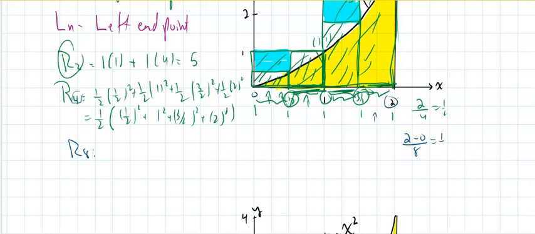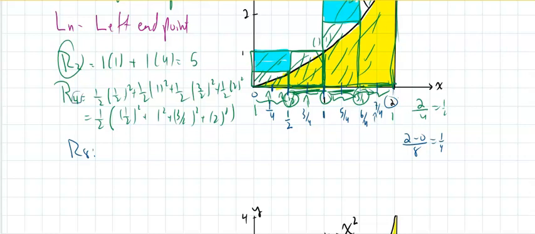That is 1/4. So now I'm going to go on that interval. I'm going to cut this in half. 1/4, 2/4, 3/4, 4/4, 5/4, 6/4, 7/4, and 8/4.